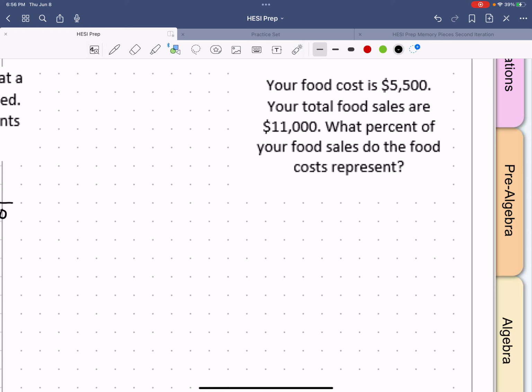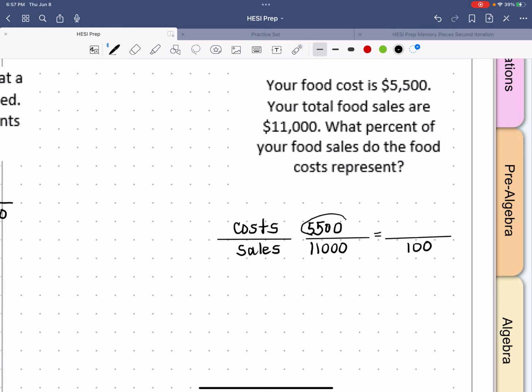So I'm going to set up a proportion of costs to sales. $5,500 would be the costs. The sales are $11,000. We know that our 100% is built in.